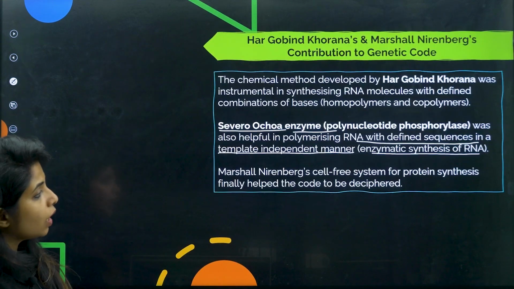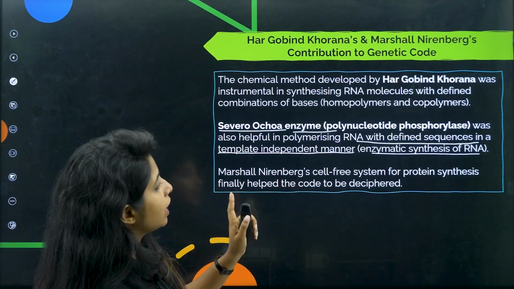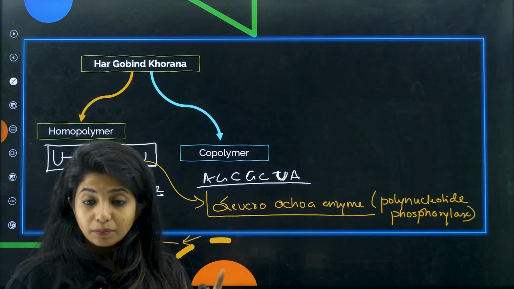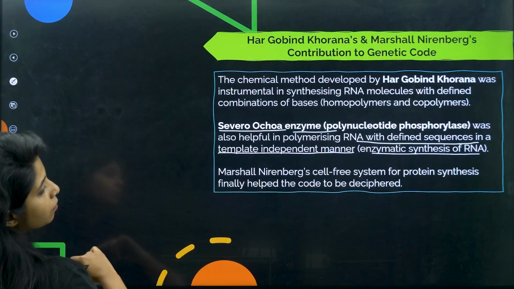Okay. Now, Marshall Nirenberg's cell-free system for protein synthesis finally had the code to be deciphered. That means, basically what did he do? Next person who is in there, Marshall Nirenberg.